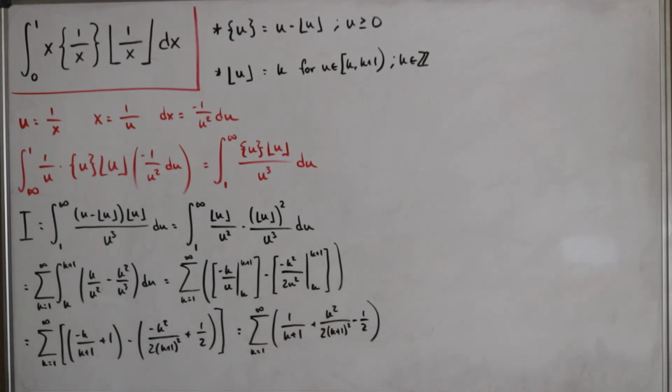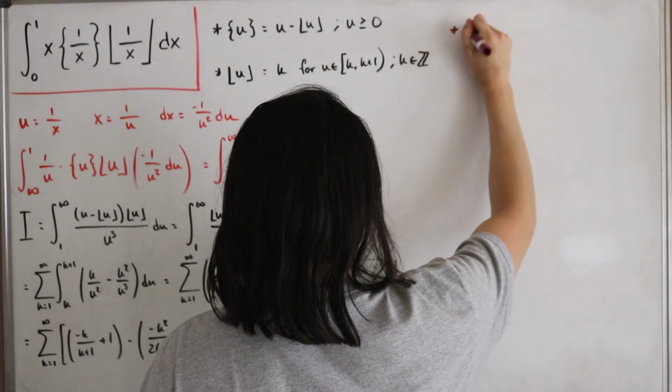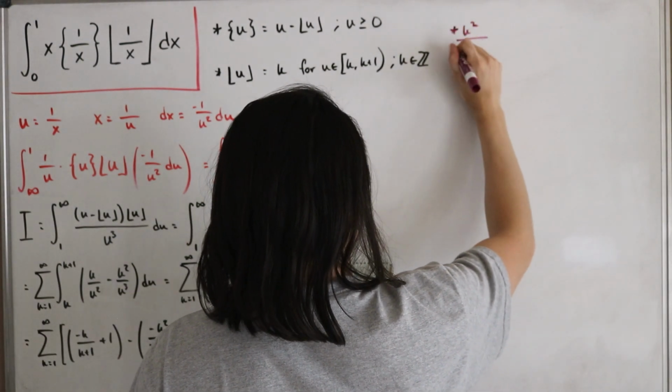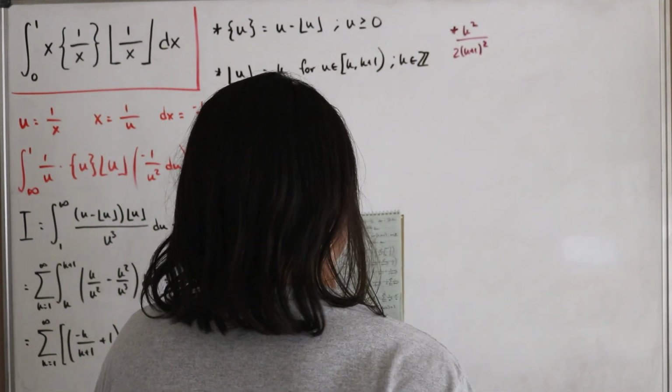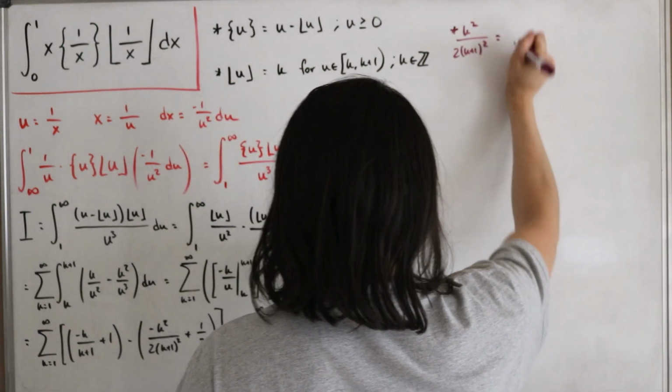Now that finishes that. The next thing to do is, of course, calculate this term over here. So let's move on to a different marker. Moving on, k squared divided by 2 times k plus 1 quantity squared. What we can do here is change things up a little bit.